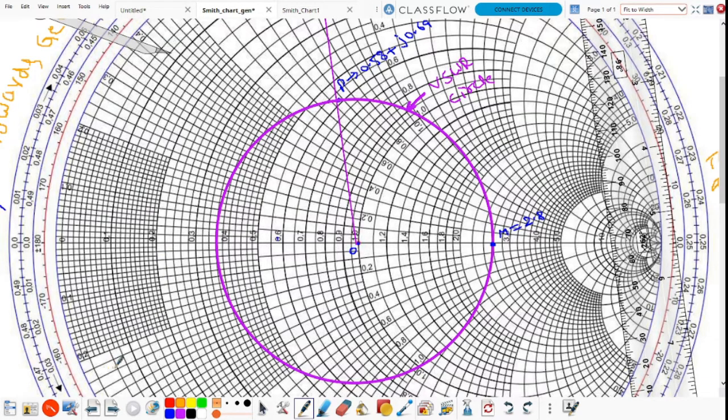So from this figure, from the origin to this point M is the VSWR value. So what is that value here? 2.8. The VSWR value is 2.8.